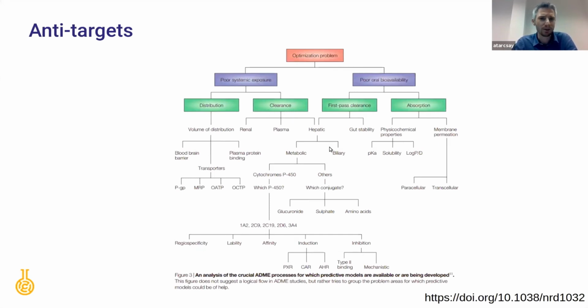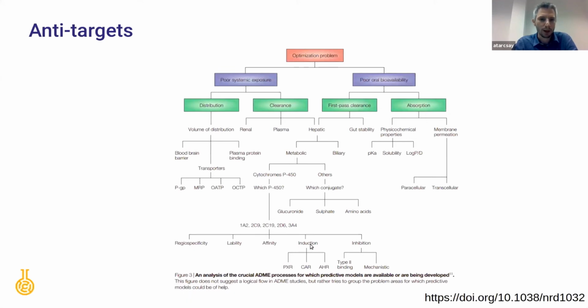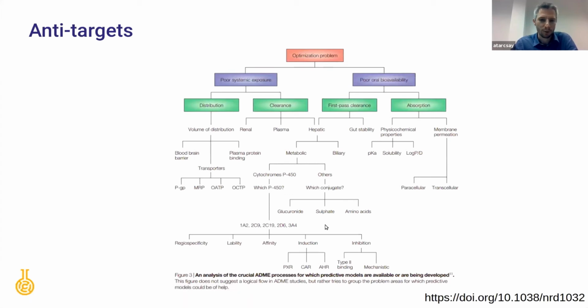But if the clearance is high, that might be due to the metabolism that's mainly mediated by the cytochrome P450 enzyme family, where there are different isoforms available, as shown here, and this can degrade the xenobiotic in the blood or in the body.